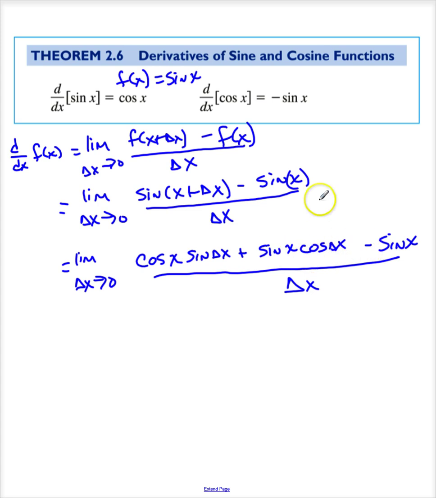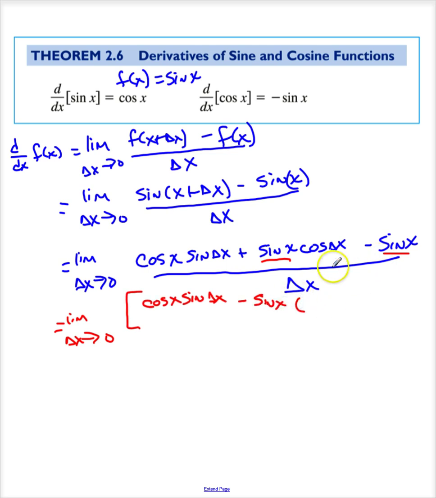Now, actually, this is going to work out for me fine. Let me rearrange things so that I'm going to factor out a minus sine of x. So this is the limit as delta x approaches 0 of, and I'm going to break this up into 2 here in just a second, cosine x sine delta x, now minus sine x.